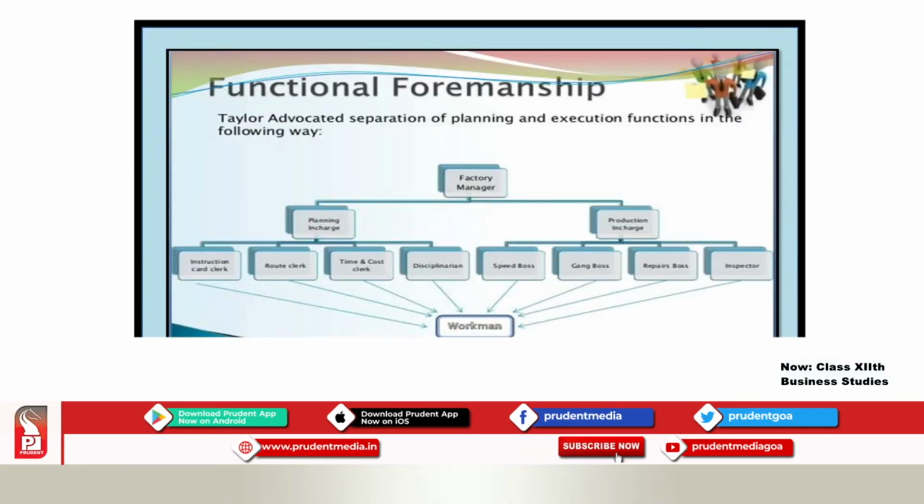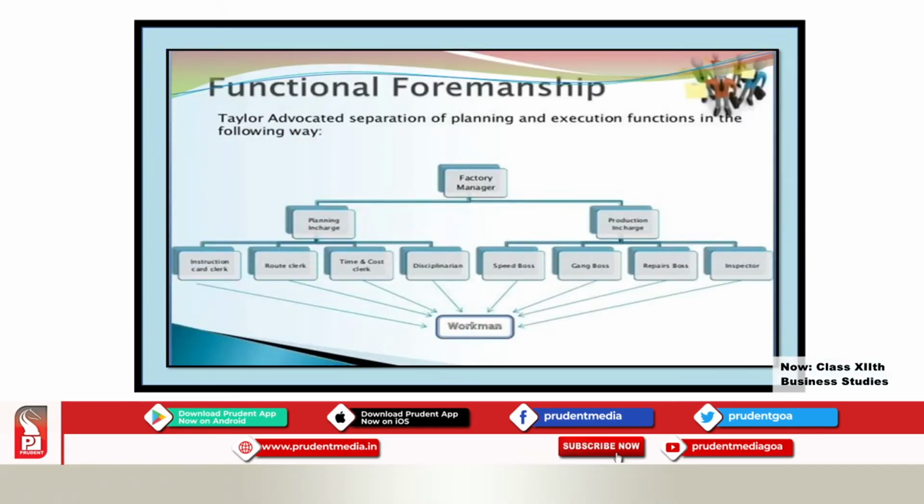The first technique that he has spoken about is functional foremanship. When he's talking about functional foremanship, he talks about the specialization of the supervisors who are getting the work done in the factories.